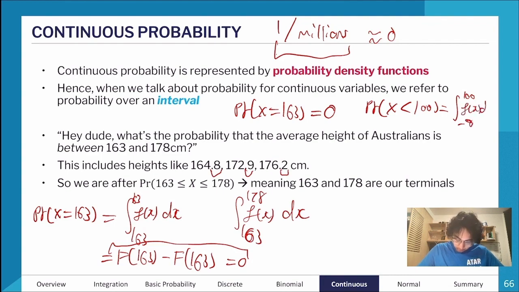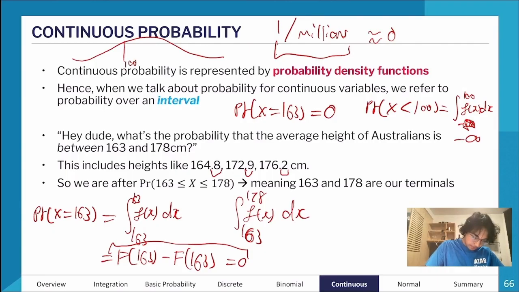Why is it okay to use negative infinity? Because it's likely your probability density function tapers out at the bottom. Maybe it looks a bit like this. From here, let's say that's 100, and this just keeps going on, getting closer to 0.